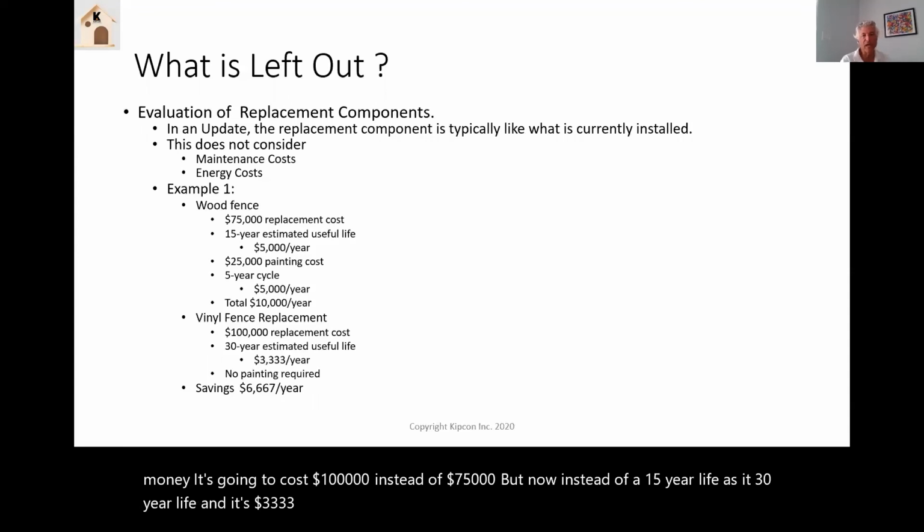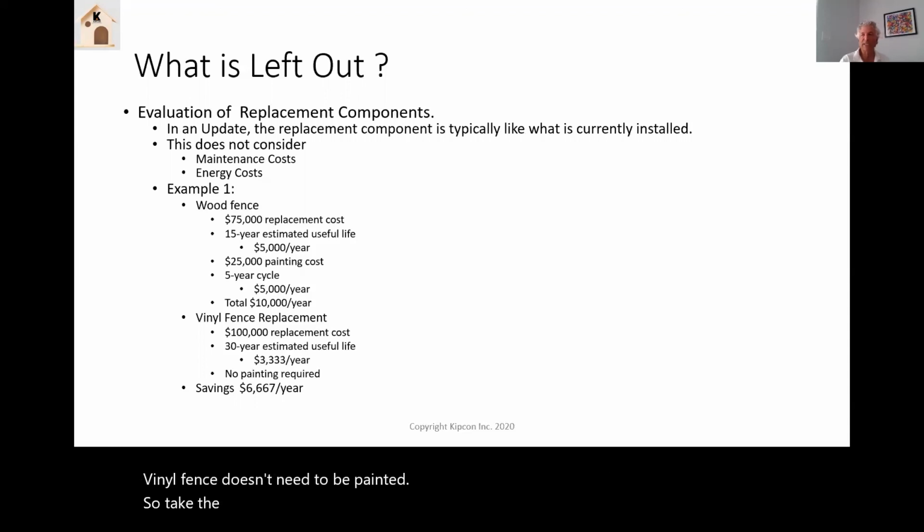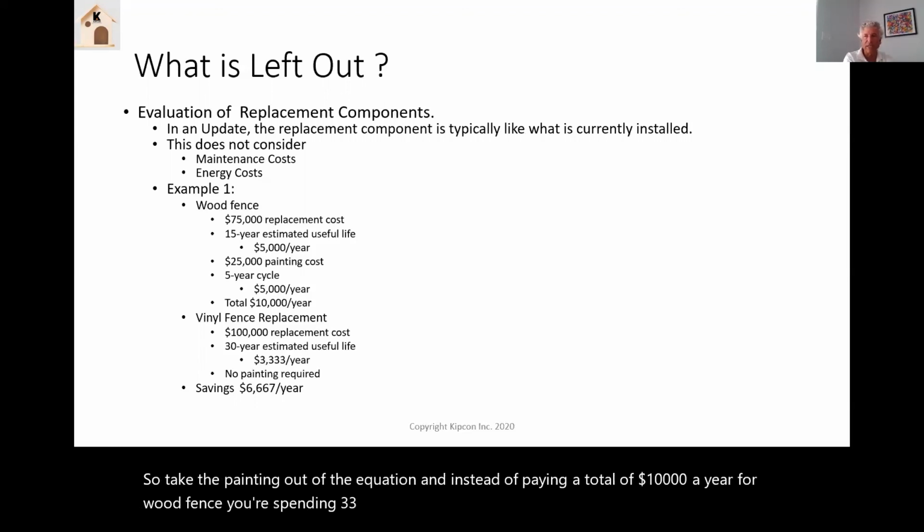But what's the difference between a vinyl fence and a wood fence? Vinyl fence doesn't need to be painted. So take the painting out of the equation, and instead of paying a total of $10,000 a year for a wood fence, you're spending $3,300 a year for a vinyl fence. So it's a savings of $6,700 a year by changing the component on the reserve study at the time that you do the study.